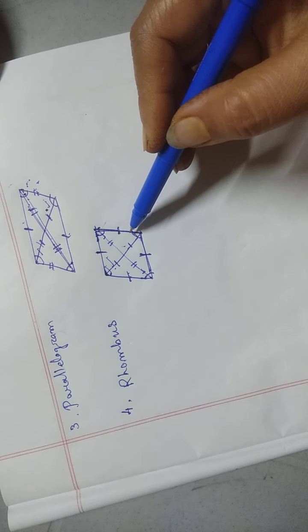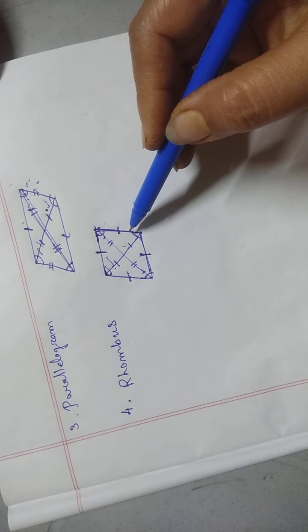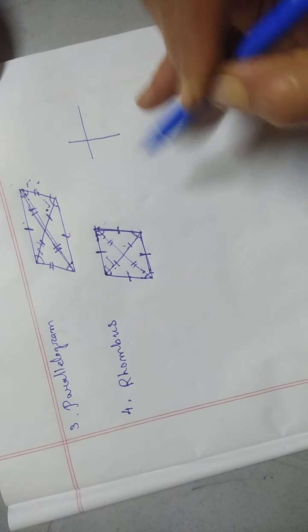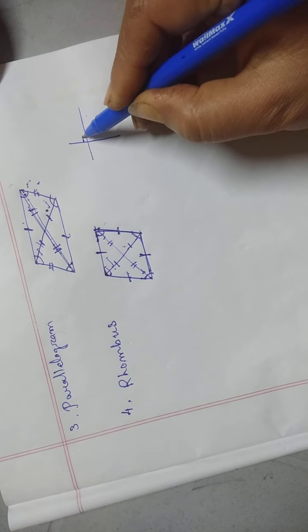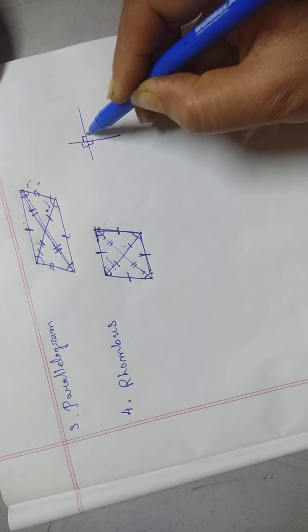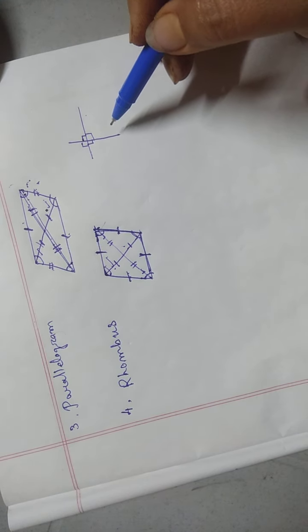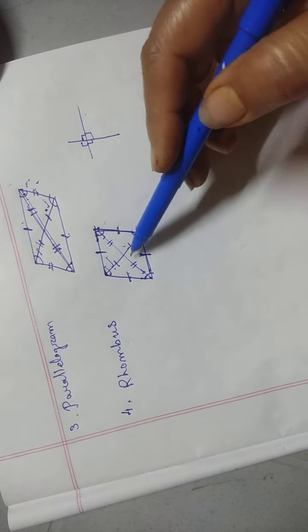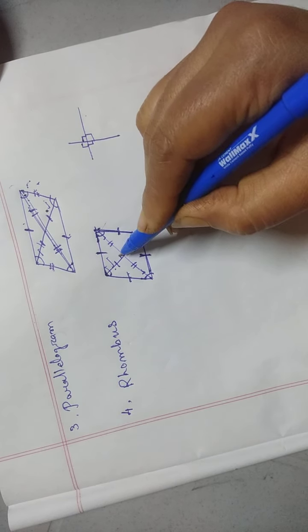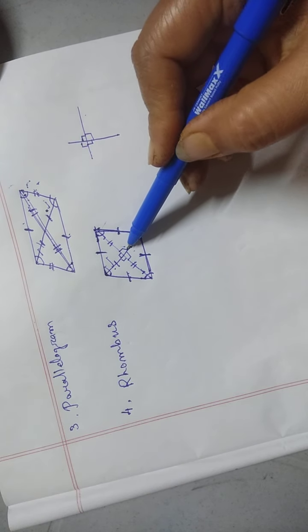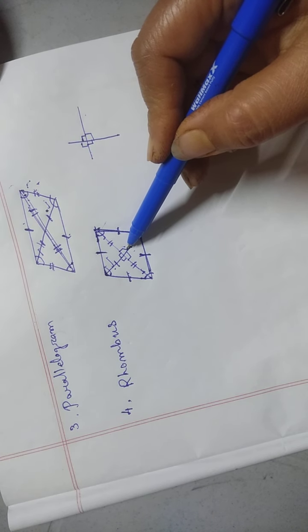Now here, what is the meaning of perpendicularly bisect? If two line segments are perpendicular to each other, then they make 90 degrees here. Then only these two line segments intersect each other perpendicularly. That means if it is a rhombus, then all the angles here are 90 degrees.